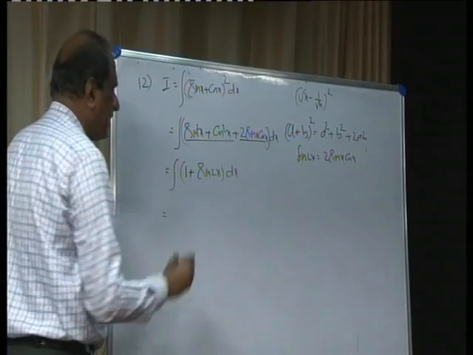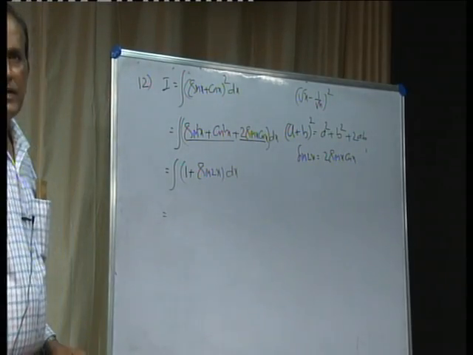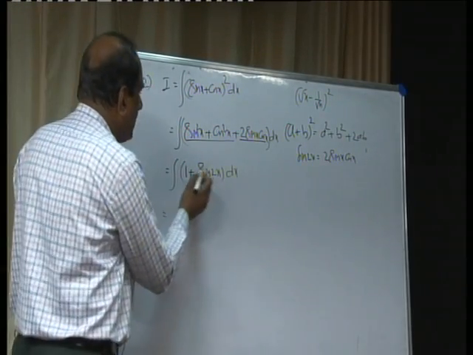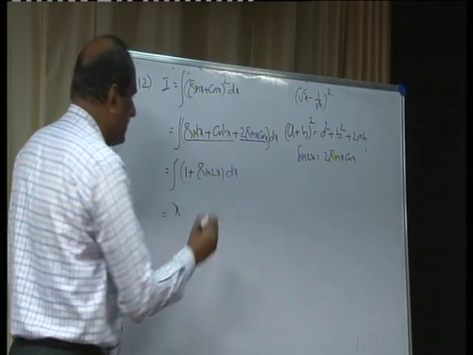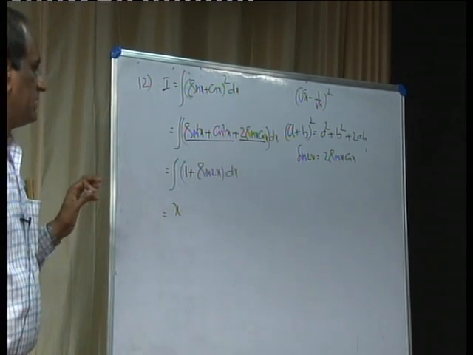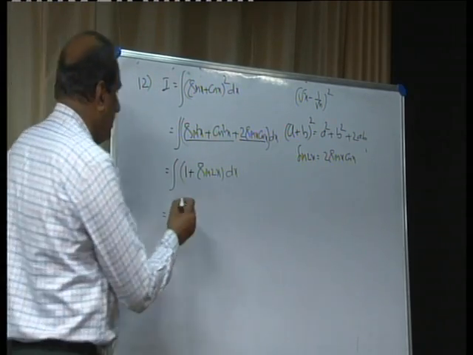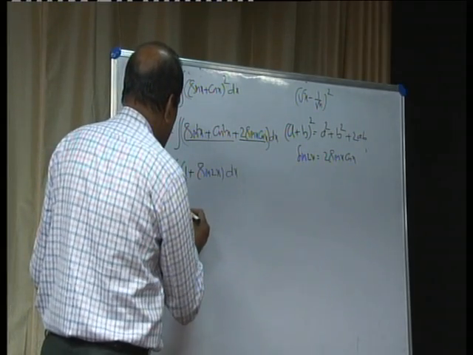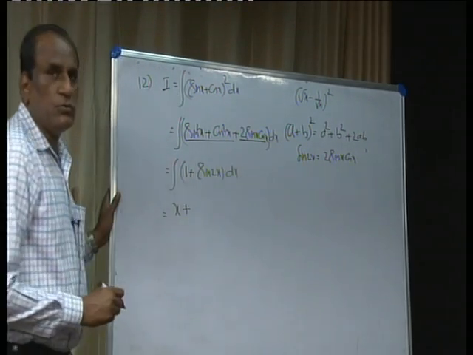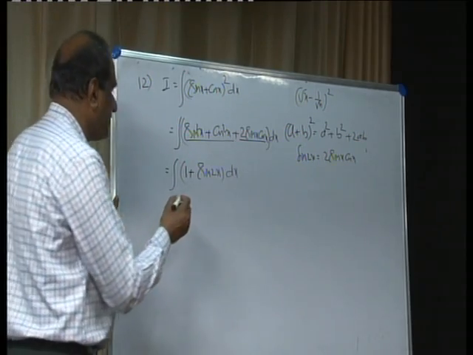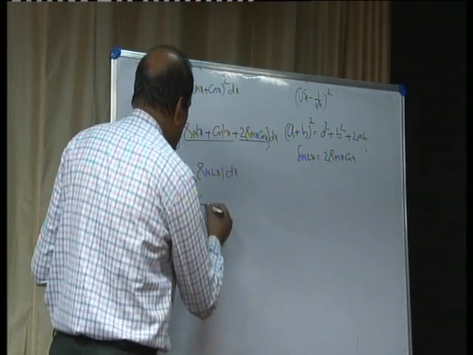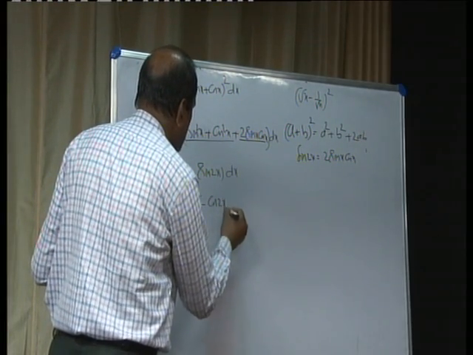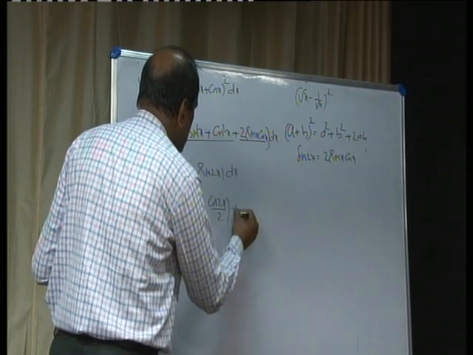Now integrate term by term. The integration of 1 with respect to x is x. The integration of sin 2x is minus cos 2x by 2 plus c.